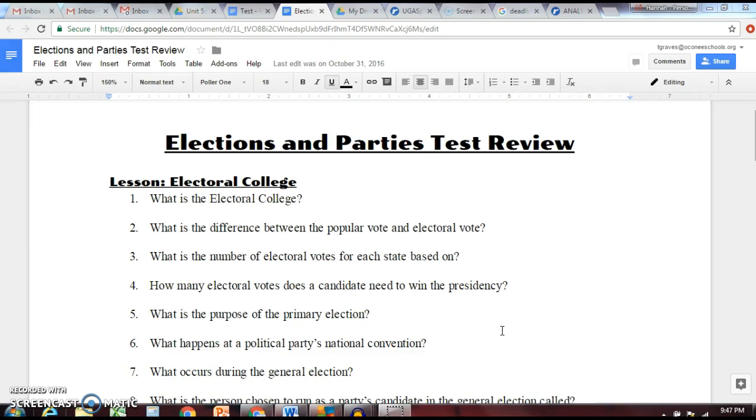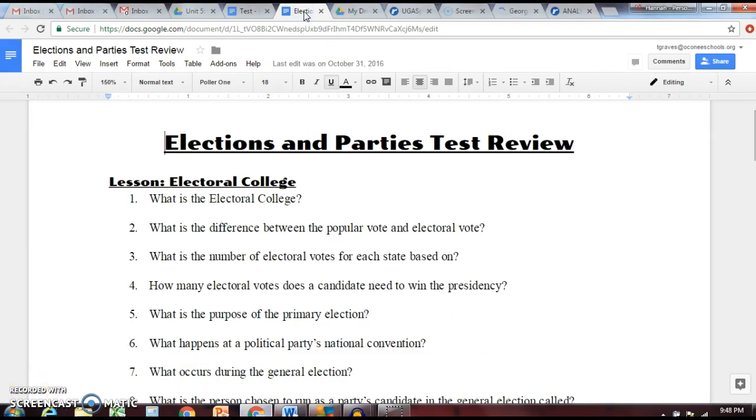The electoral vote is determined, if you look at number three, the number of electoral votes for each state is based on the number of senators and the number of members of the House of Representatives your state has. For example, Georgia, we have 16 electoral votes. The reason we have 16 electoral votes is because we have two senators. Every state has two senators.